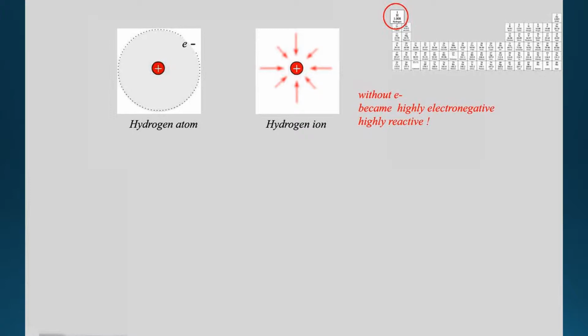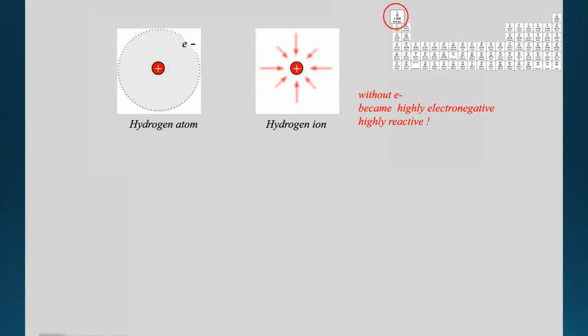Without the electron, it will become highly electronegative and highly reactive. In the whole periodic table, when an atom becomes an ion, it will lose the electron on the outside shell, but it will still have some electrons left, except the hydrogen ion.